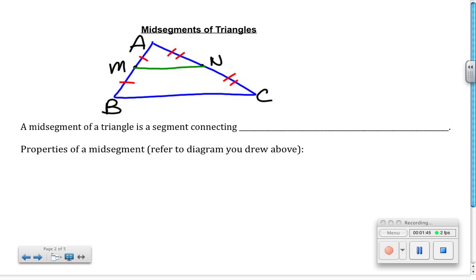What are M and N? What vocabulary term could I use to describe the points M and N? Yes. M and N are midpoints of the sides of the triangle. So a mid-segment of a triangle is a segment connecting midpoints of two sides of the triangle.